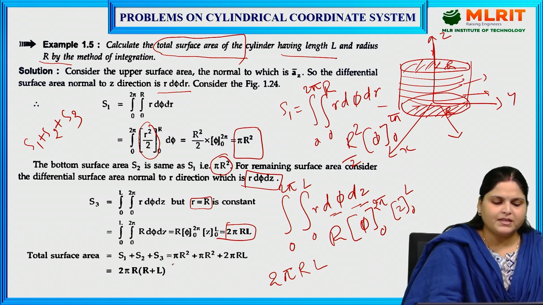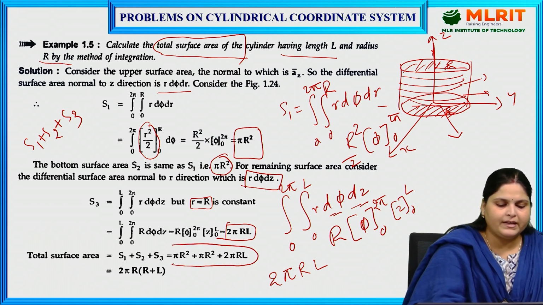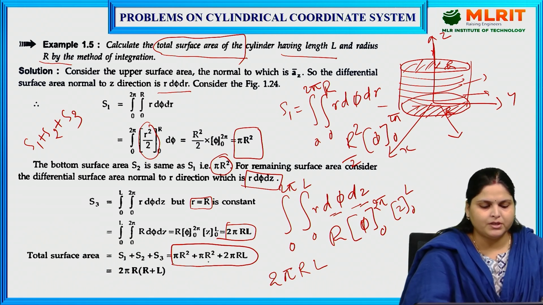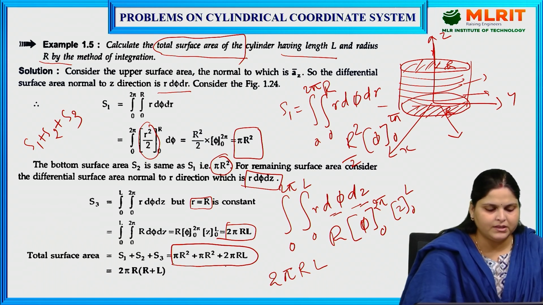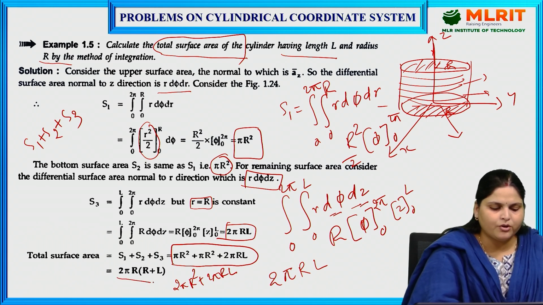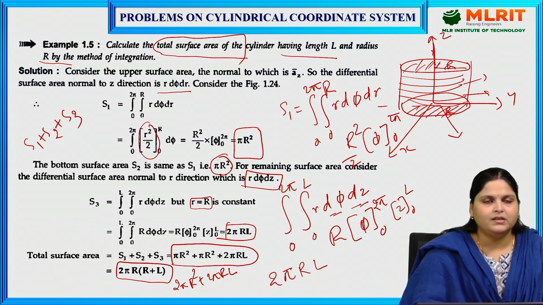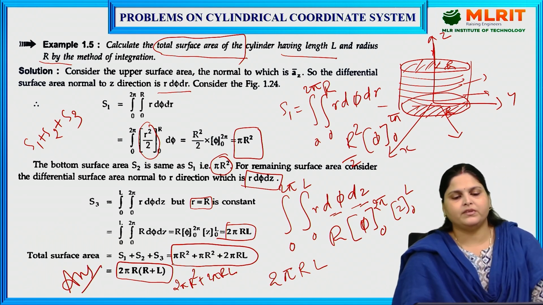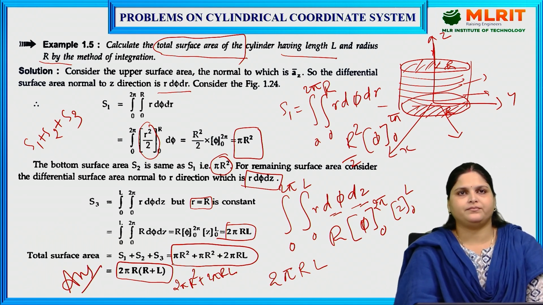S1 and S2 are the same, pi r square plus pi r square, and S3 is 2 pi r L. So it becomes 2 pi r square plus 2 pi r L. From here we can take 2 pi r common, so we get 2 pi r into (r plus L). This is the total surface area of this particular arrangement.